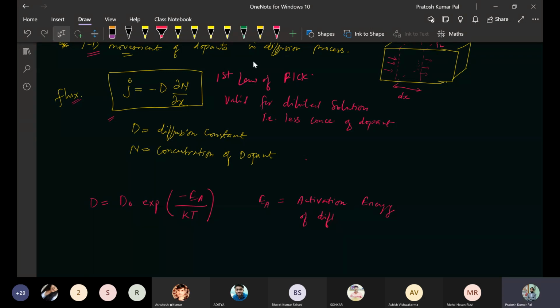This is the minimum energy that must be supplied to make sure diffusion starts.